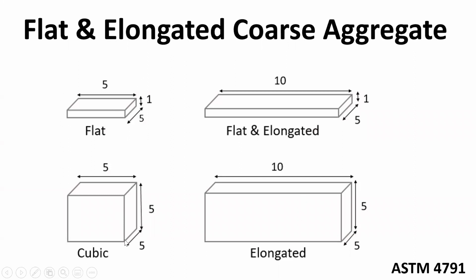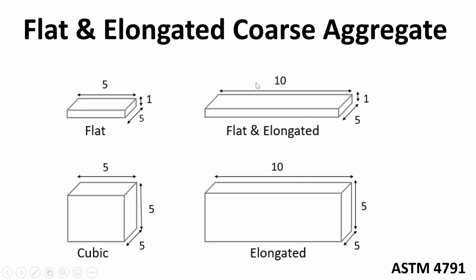So this is an illustration of what that's all about. Whether it's a perfect cube or perfect sphere, you're going to have symmetrical dimensions. And as you get flat, flat just means that the smallest dimension is a lot less than the top one. So this is like a 1:5 ratio.